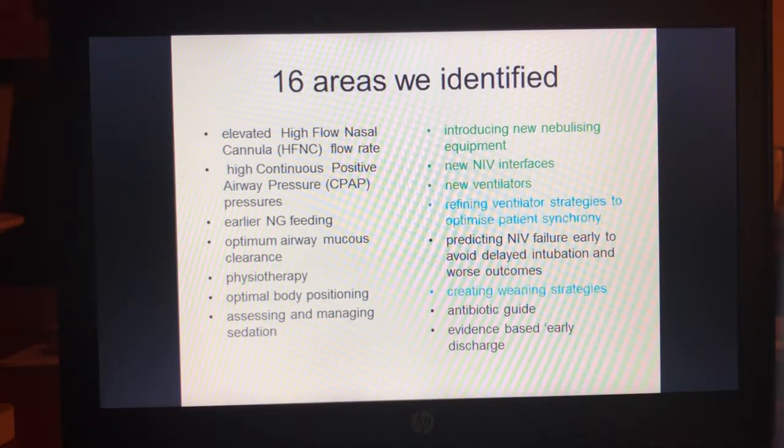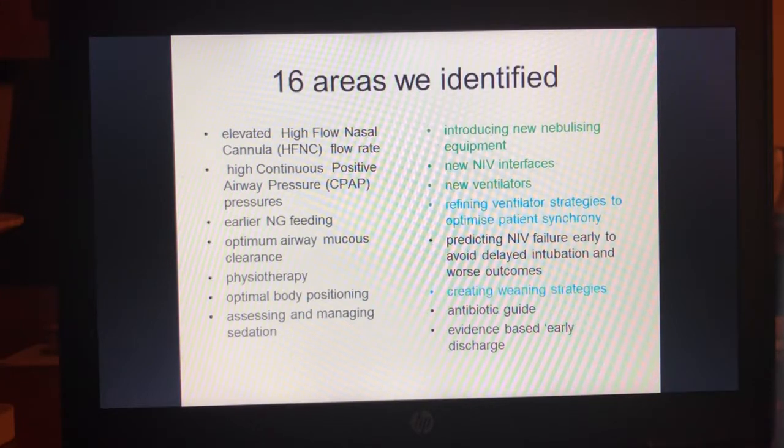And you'll see that on the right-hand side there's some of the list in green, which we will cover a bit more in the tutorial, in the workshop that's going to happen in the module, and the 2 areas in blue we're not really going to touch on too much because they are quite advanced things which, for the purposes of today's presentation, require a bit more understanding of non-invasive ventilation.